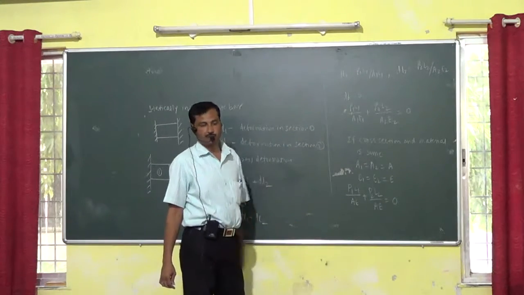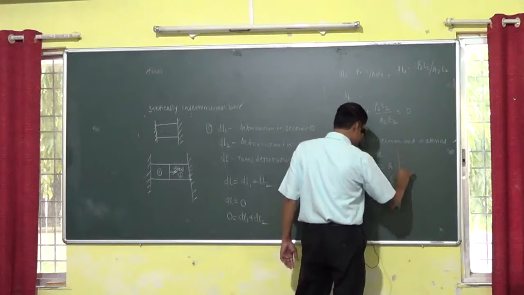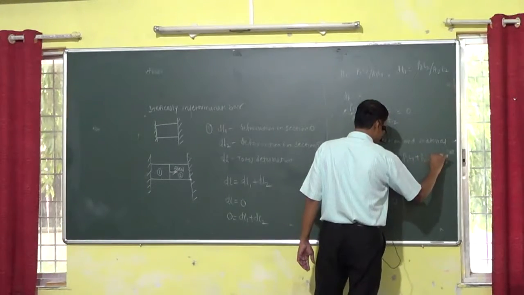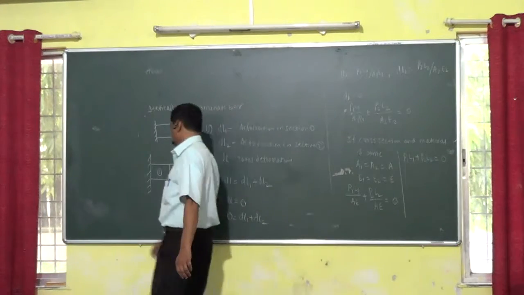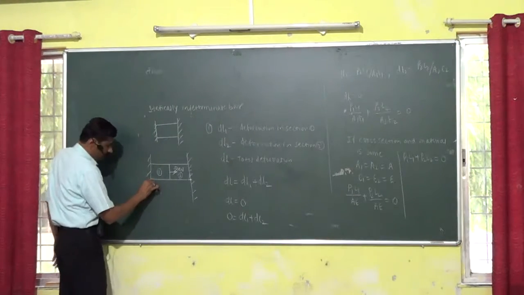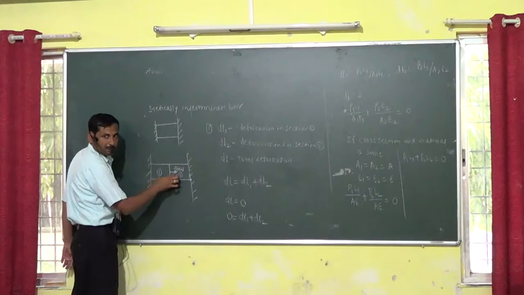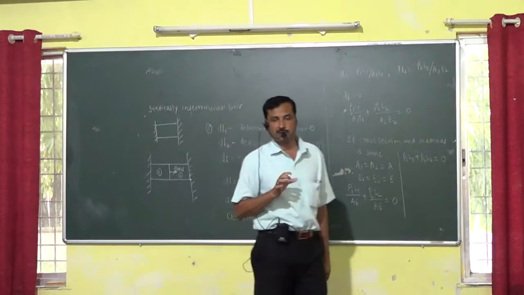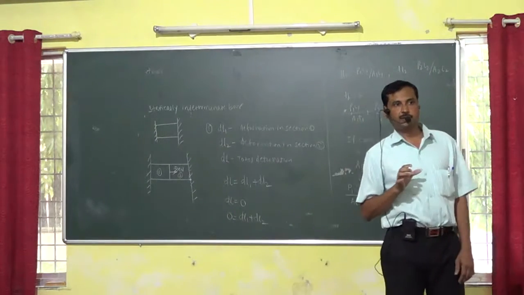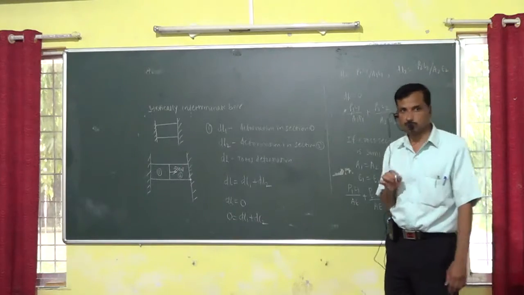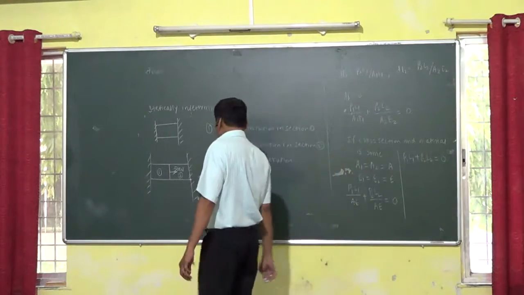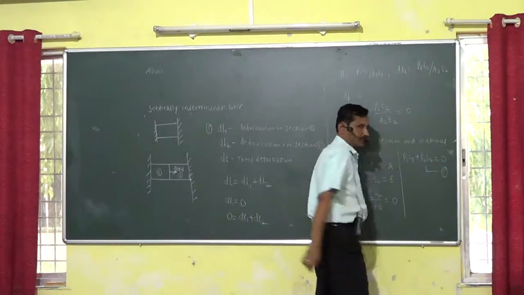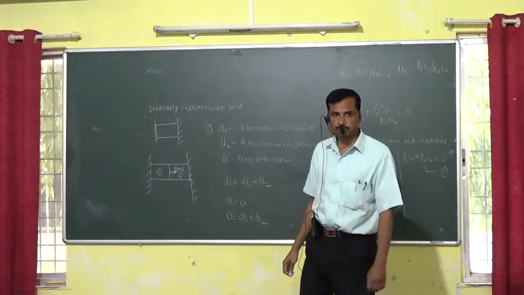By taking AE as common, this equation will become P1 L1 plus P2 L2 is equal to 0, where L1 is the length of section 1 and L2 is the length of section 2. Now this is one equation which is generated based on the assumption that total deformation is equal to 0.